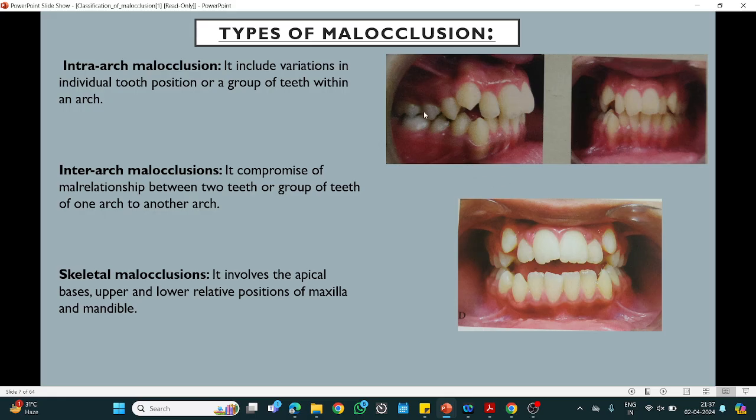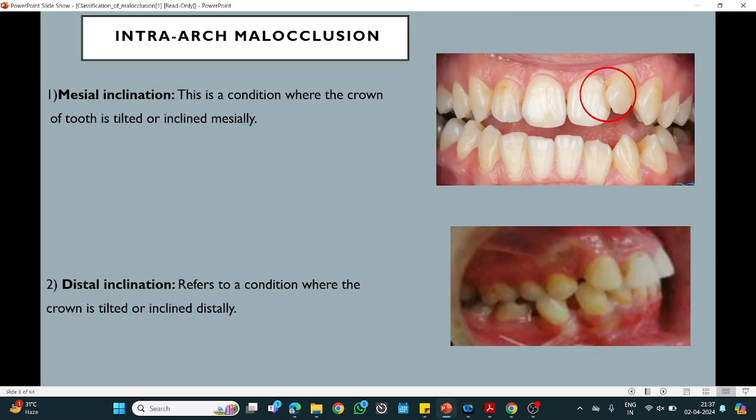Inter-arch malocclusion comprises malrelationship between teeth or group of teeth of one arch and another arch, such as this. Here there is malalignment of teeth in one arch which leads to malocclusion in the other arch as well. And skeletal malocclusion involves apical bases, the upper and lower relationship to the position of teeth of maxilla and mandible.